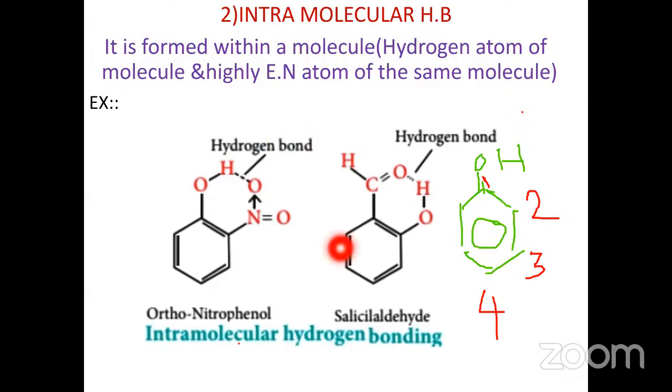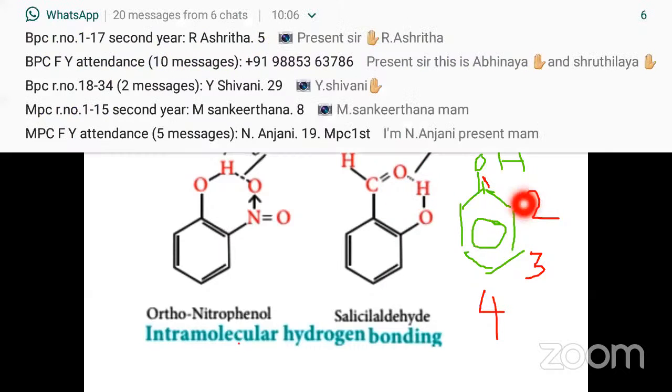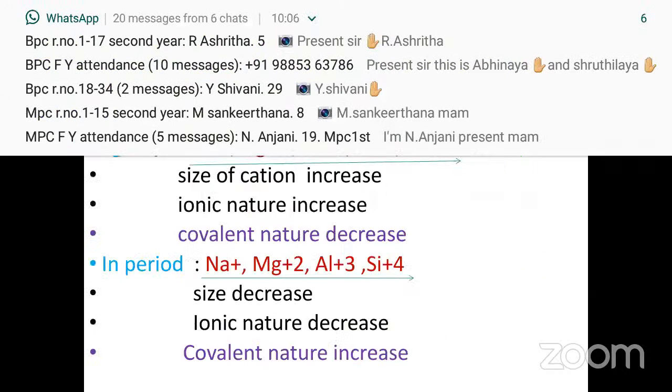Next goes to another example, salicylaldehyde. If a CHO group is present on the benzene ring, it is called benzaldehyde.